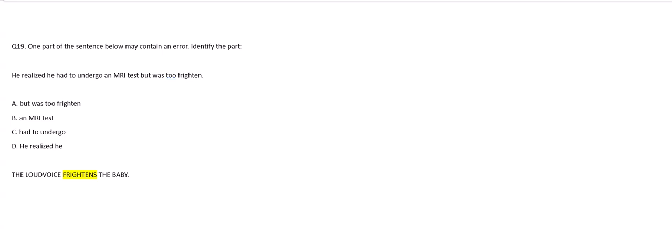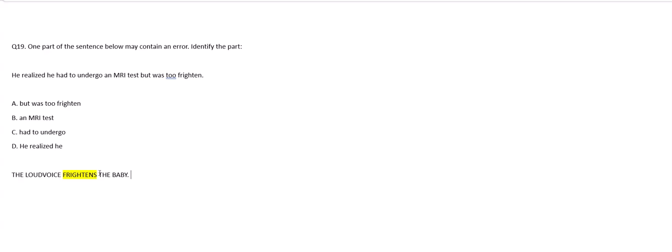Whenever we go with an adjective, for example in the same sentence: the baby was frightened by the loud voice. Here frightened is an adjective, because it's telling about the emotions of the subject.